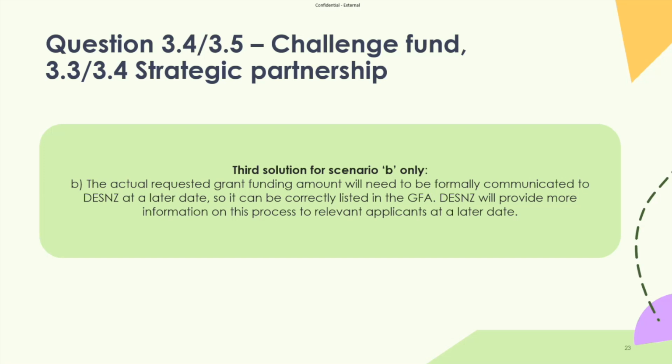The actual requested grant funding amount will need to be formally communicated to DESNZ at a later date, so it can be correctly listed for the grant funding agreement. DESNZ will provide more information on this process to relevant applicants at a later date. So don't worry if you feel like you have to spend the maximum grant allowance, you don't, and you can put a smaller grant amount into your application form.